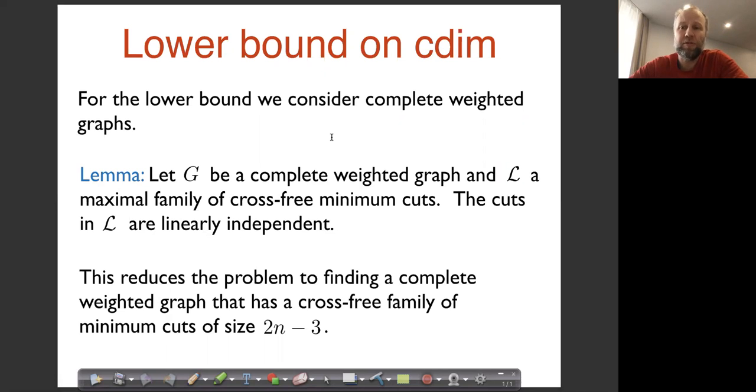So this reduces the problem to finding a complete weighted graph that has a cross-free family of minimum cuts of size 2n minus 3. We want to come up with weights on this graph so that among the set of minimum cuts, there's a cross-free subset of size 2n minus 3.